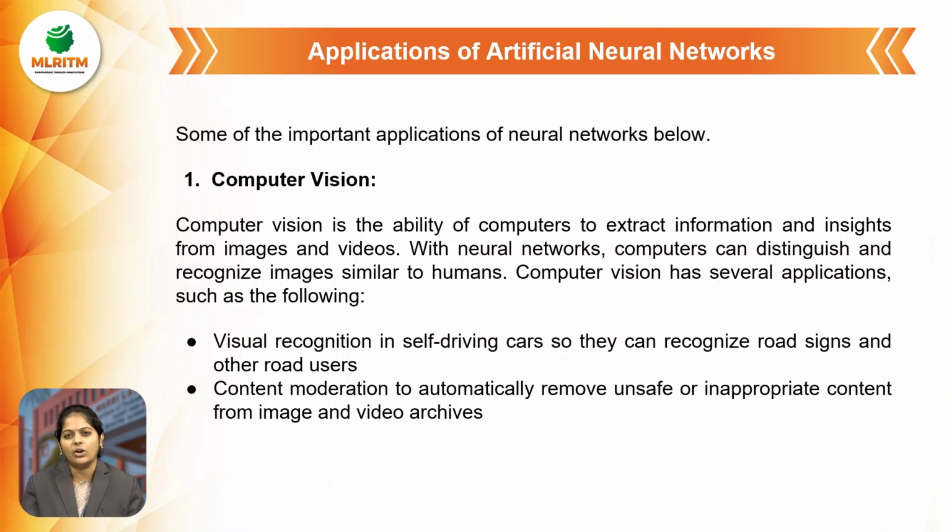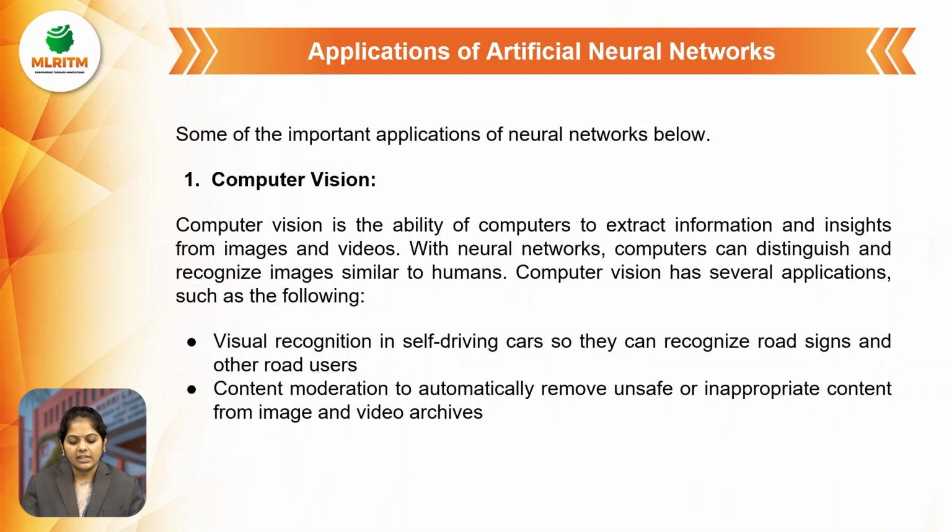It will get trained on all those things so that the automatic car will drive in a particular manner. So we are feeding the data: these are the signals where you should stop, these are the signals where you can proceed. Let's say an animal is passing before the car, then we have to slow down the car. These are the kinds of instructions to be given to the car.